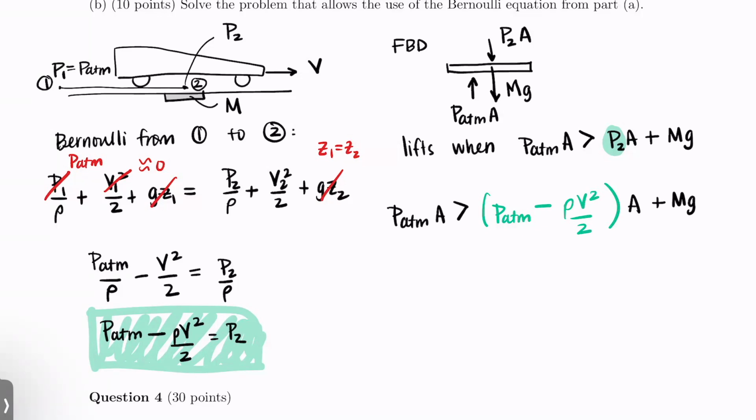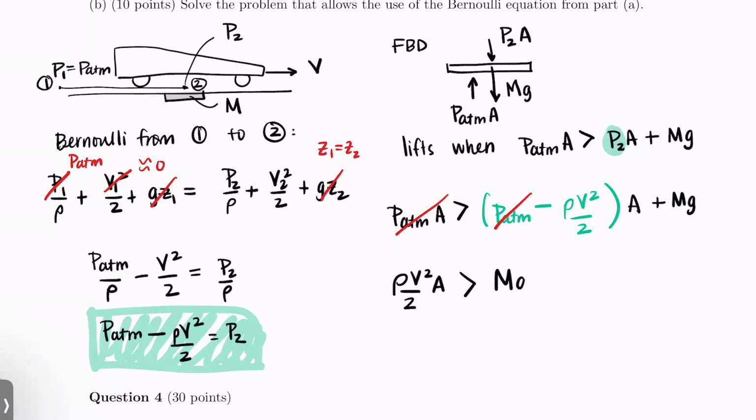I have P atmosphere times A on both sides of this equation, so I can just subtract P atmosphere A from both sides. So this cancels with this. Then I'm going to move my rho V squared over 2 times A to the left-hand side. So I have rho V squared over 2 times A is greater than or equal to M times G.